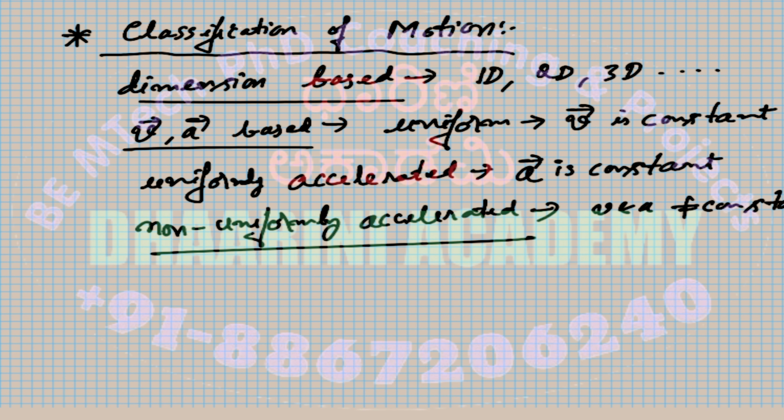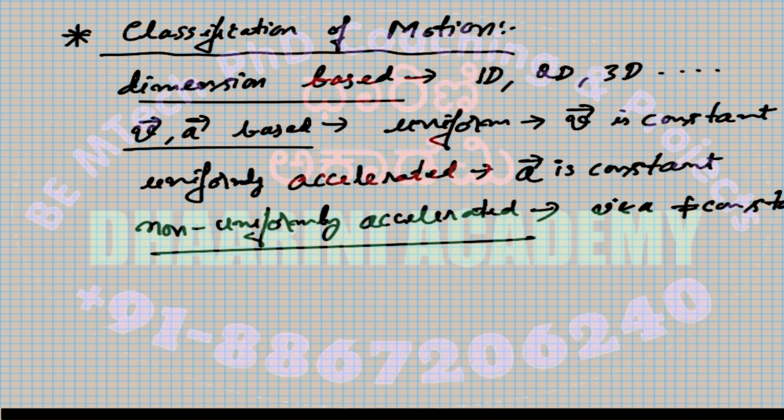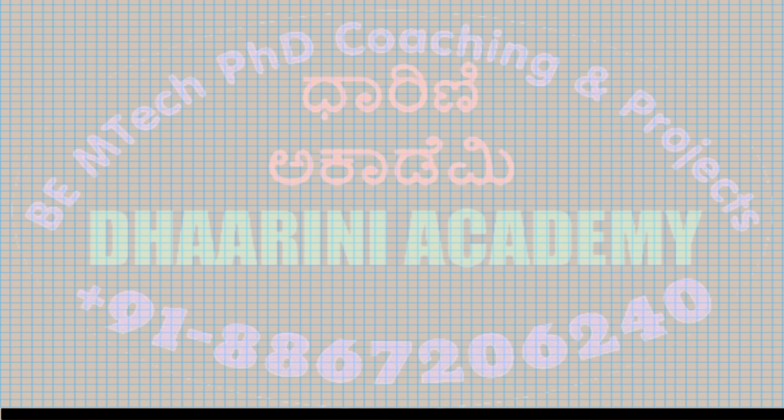So based on what type of problem we are solving, we might require different types of equations to be used. Okay, so moving further. Let's try to define some of the basic parameters of motion.